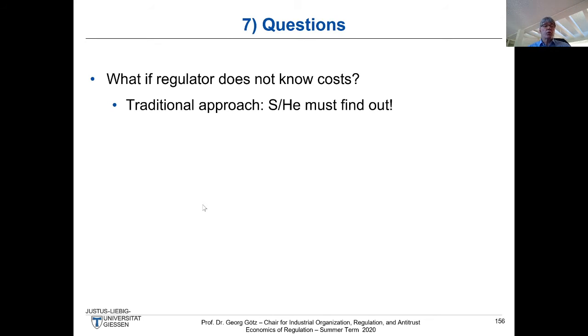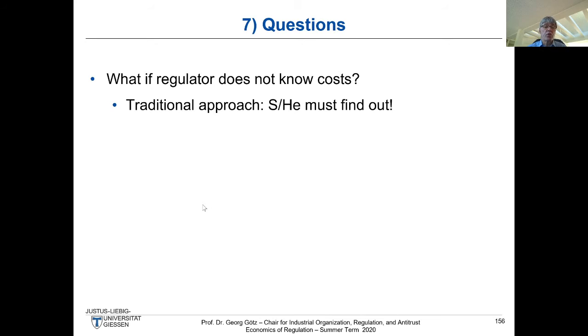That's rather straightforward. But in the real world, of course, the regulator is typically much less informed about the environment. In particular, the regulator typically does not know the exact costs the firm incurs, and it also typically is much less informed about the demand the regulated company faces. So the starting point is, what should the regulator do if it doesn't know cost?